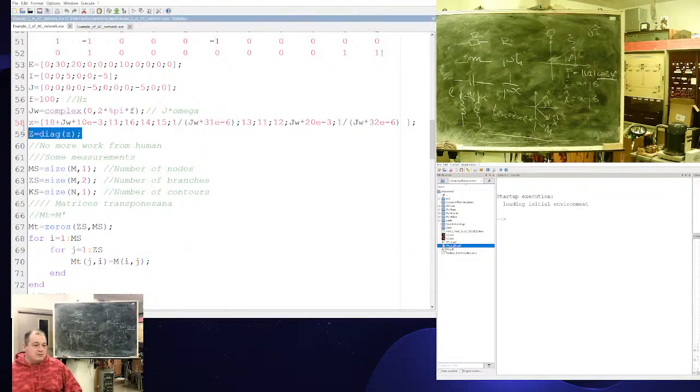Here, look what I'm doing. Diagonal, I know, but I don't have neutral inductance.